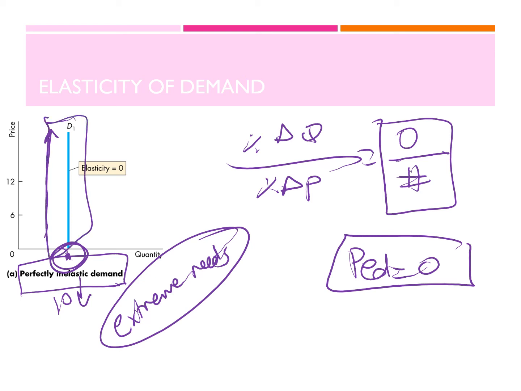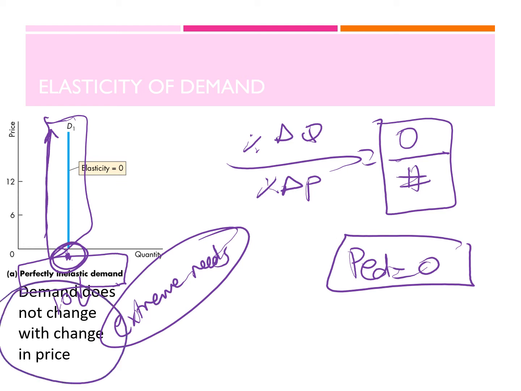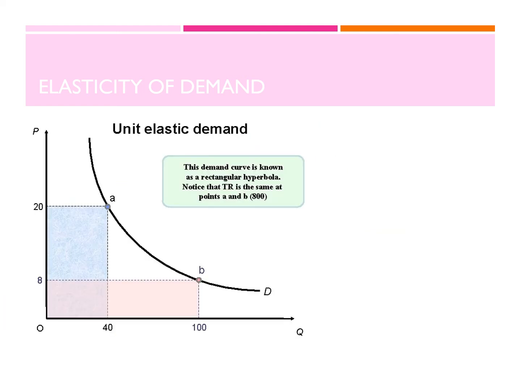So don't say Panadol. Panadol would be inelastic; I will get an answer which is less than 1. But here, I will buy it at any price. So people are not affected at all by the change in price. Demand does not change with change in price.